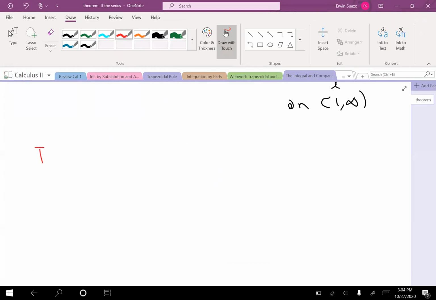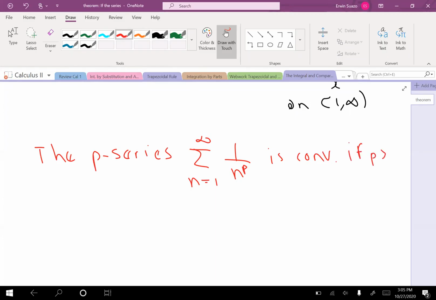The P series, the sum from n equals 1 to infinity of 1 over n to the P, is convergent if P is bigger than 1, and divergent if P is less than or equal to 1.